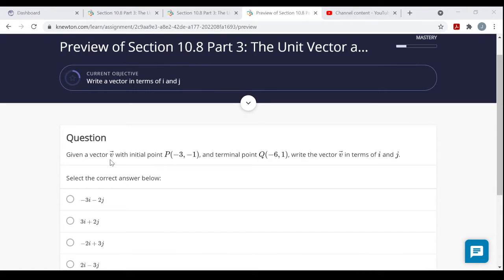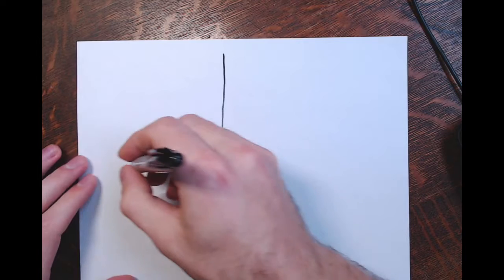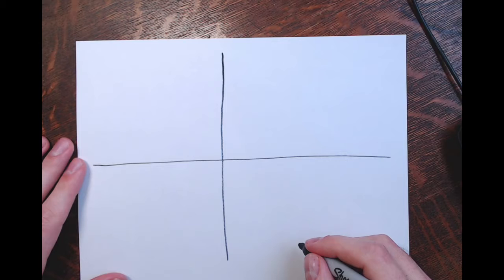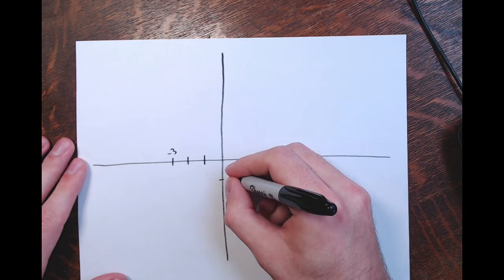Alright, so we're given a vector v, with initial point P at (-3, -1) and terminal point Q at (-6, 1). We want to write this vector v in terms of i and j. So again, I'll draw a little picture here of a coordinate plane and put this vector v down. The point P, the initial point, was at (-3, -1).